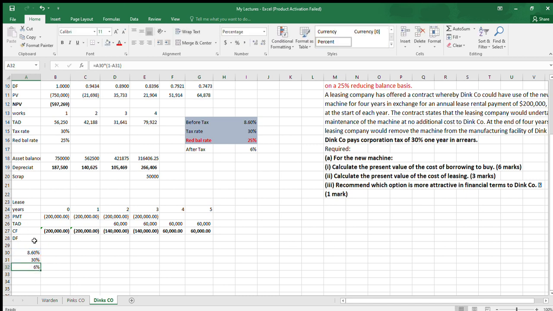So our discount factor is 6%, equal to bracket open 1 plus 6%, exponent negative the number of years, 0. We drag it to year 5.